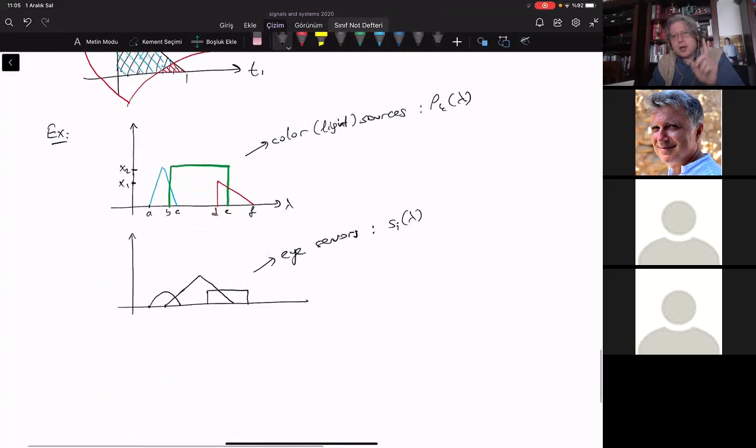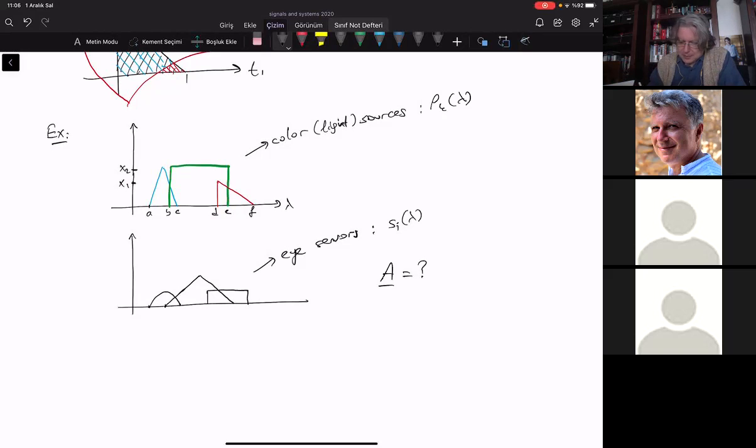So your first job is to find the A matrix. And how do you do that? How do you find A? It's easy. A11 is, for instance, the response of the first sensor to the first input.